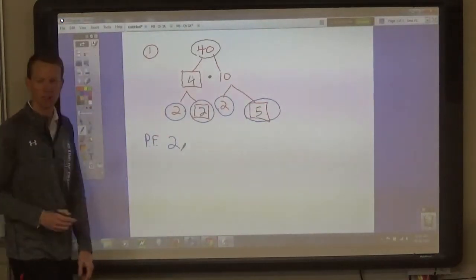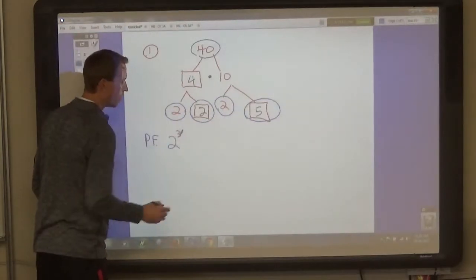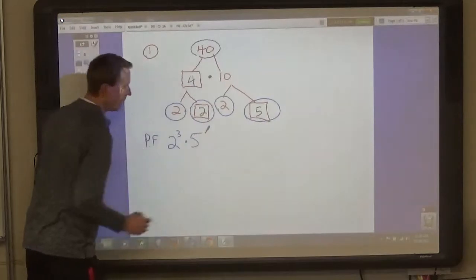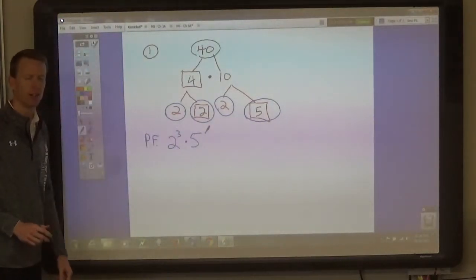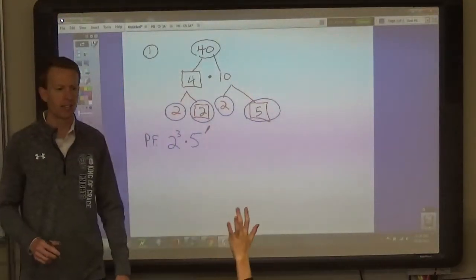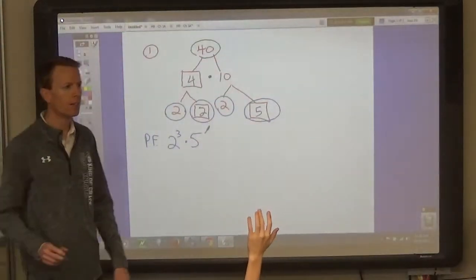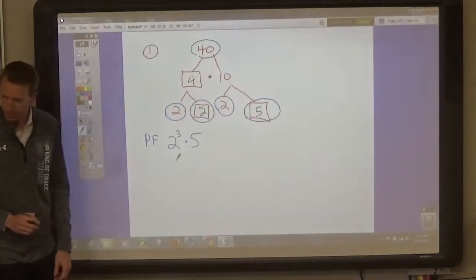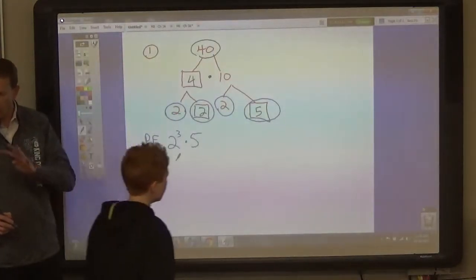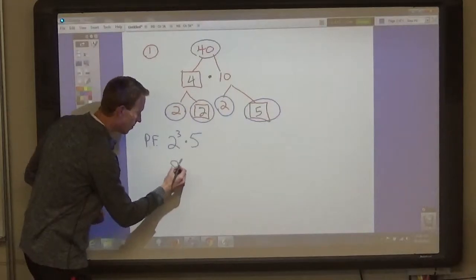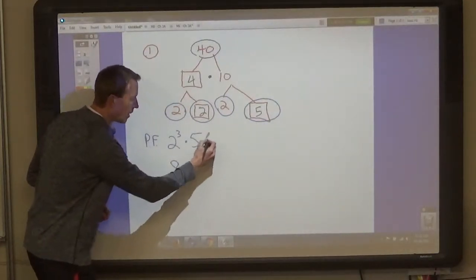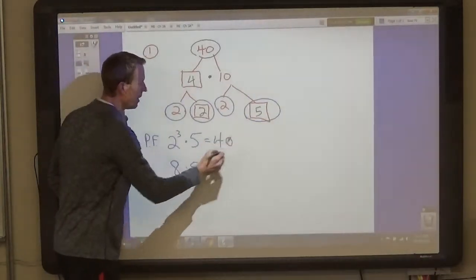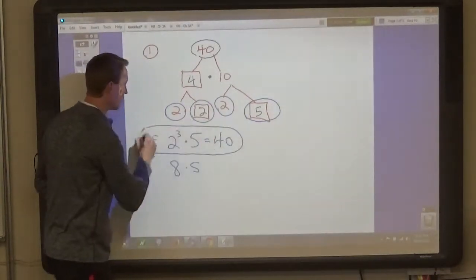How many 2's? 3 2's times 5. Yep. What is 2 to the third power? 2 times 2 is 4, times 2 is 8. Yep. Times 5. Does that equal 40? So, write equals 40 and circle it.